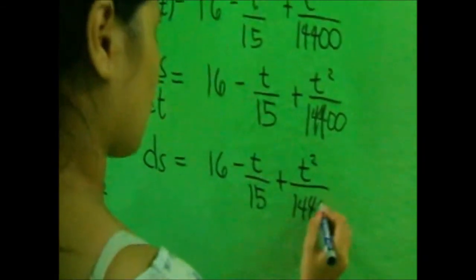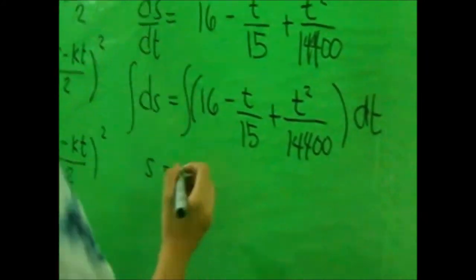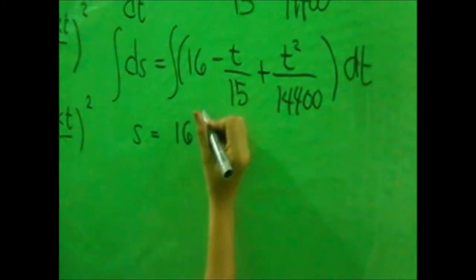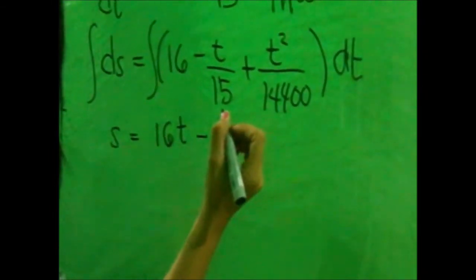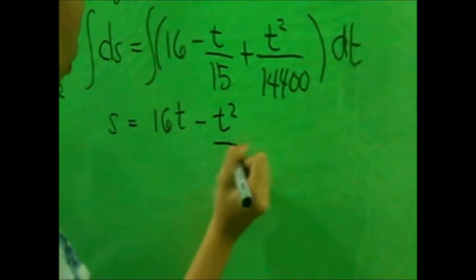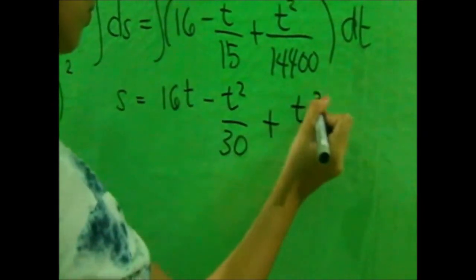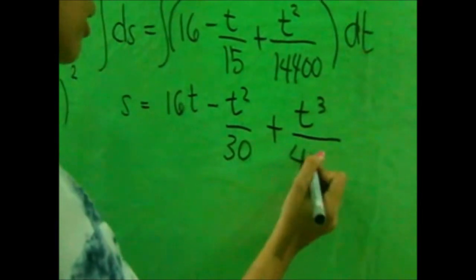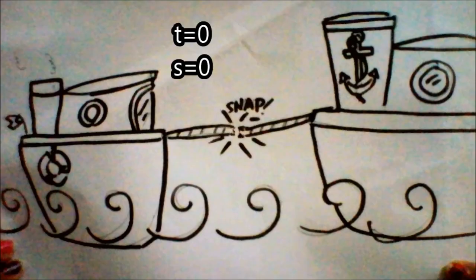Transferring dt to the other side, we now integrate, so s is equal to 16t minus t squared over 30 plus t cubed over 43,200 plus c.